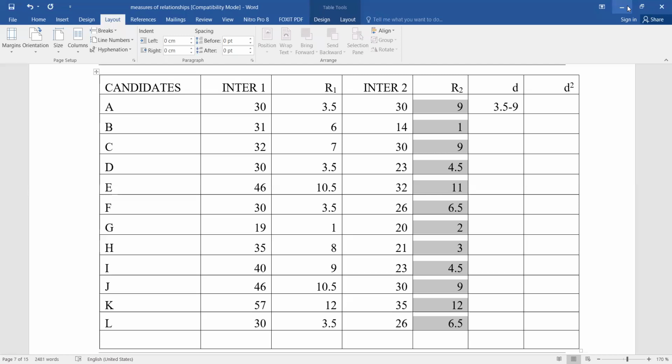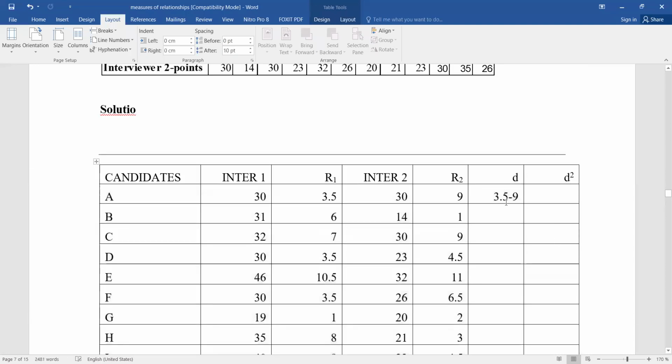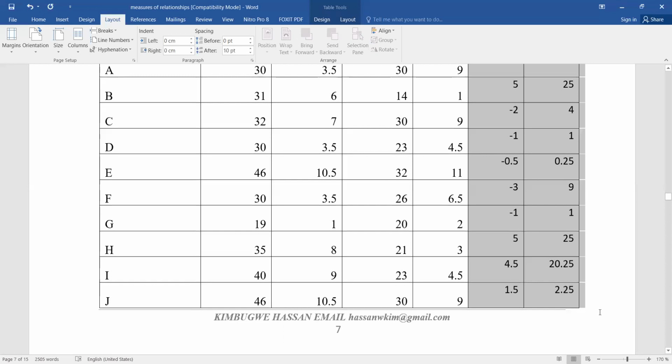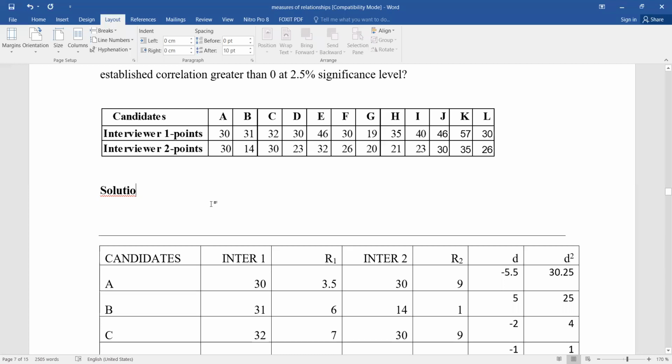So let me share my answers. Jingo, that answer is wrong. It is 127.